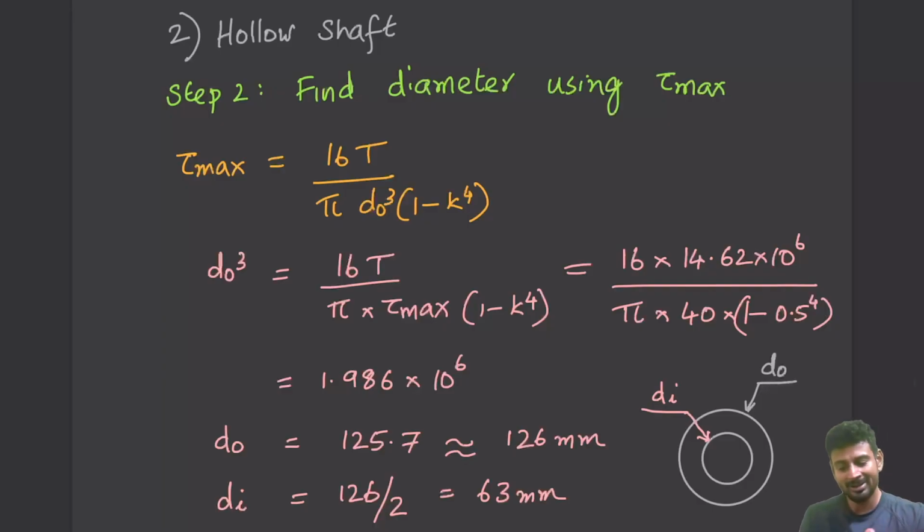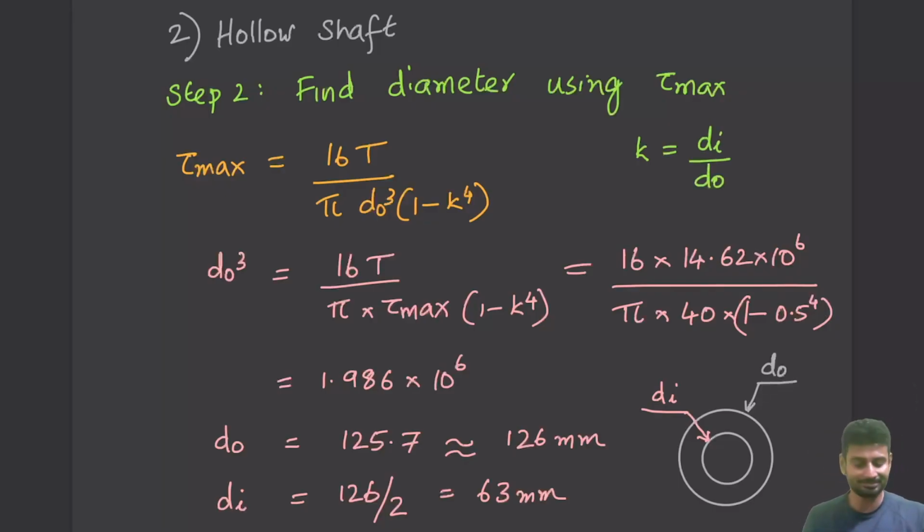Okay. So for the hollow shafts, we know the equation for Tomax is 16T by pi dO cube into 1 minus K raised to 4. dO is the outer diameter or the external diameter, and di is the inner diameter or the internal diameter. So K equal to di by dO.